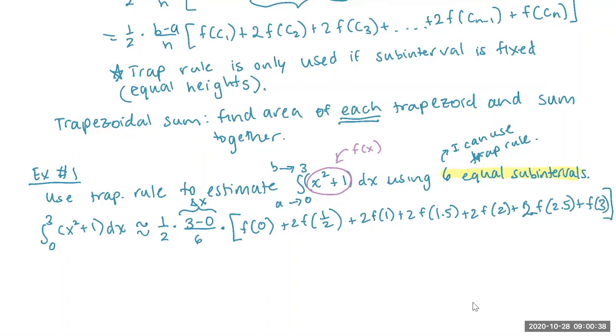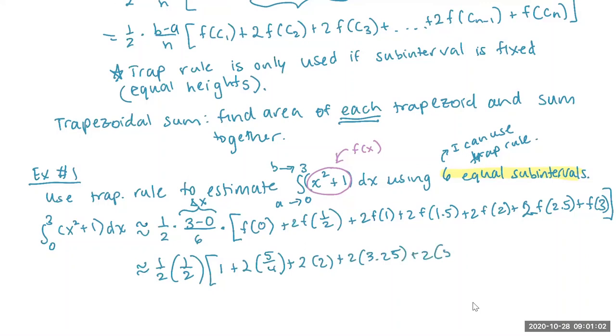Okay, so I'll give you guys the values just to make this a little quicker, because I know it's tedious if we were to sit there and crank out some of those values. So 1/2, and then f of 0 would be 1 plus 2 times 5/4 plus 2 times 2, 2 times 3.25, 2 times 5, 2 times 7.25, and the last term would be just 10.